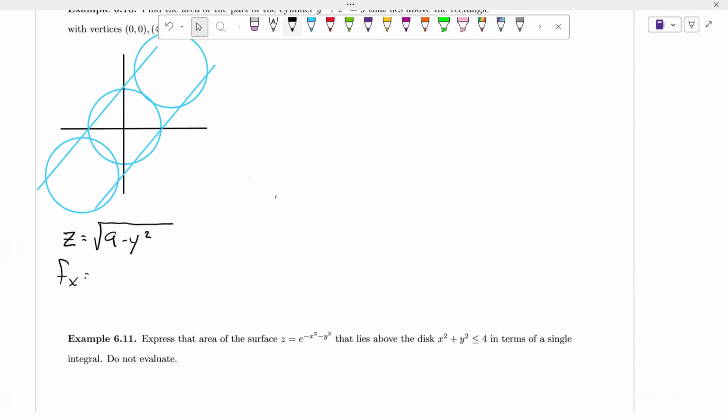So f partial x is 0, since there is no x variable in there. That part's kind of nice. F partial y is a little bit less nice. Let's see. This is going to be 1/2 times 9 minus y squared to the negative 1/2 times negative 2y.